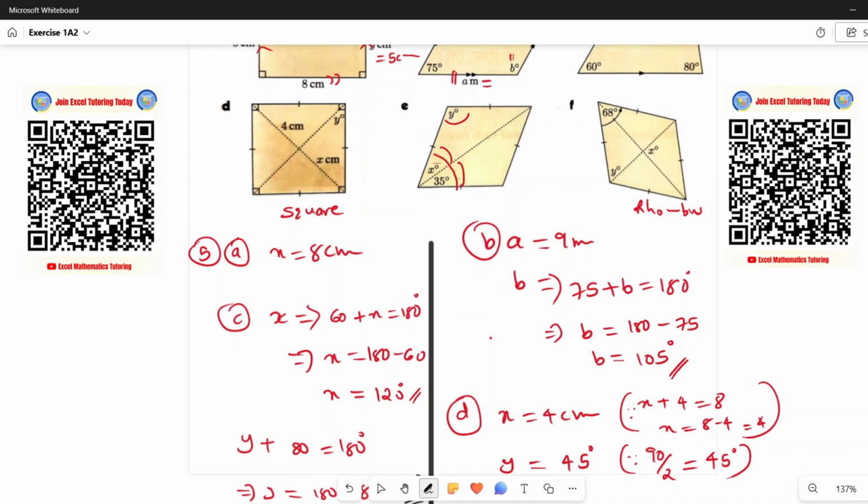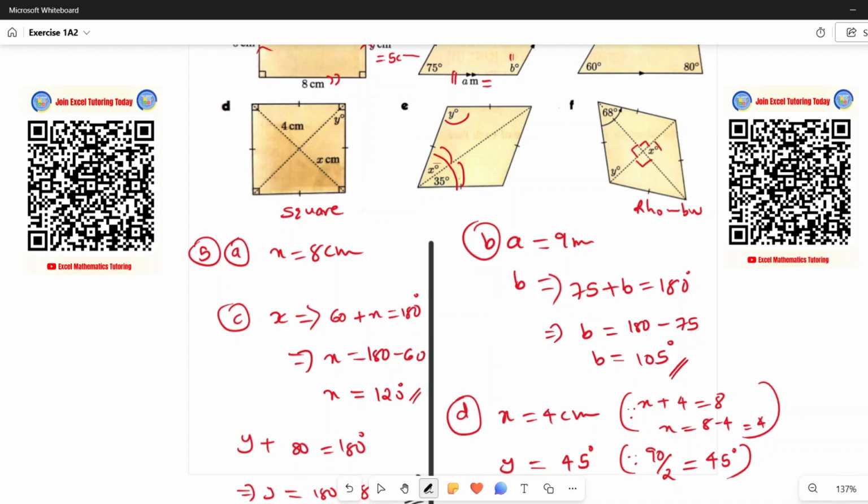So here we need to find the value of x and y degree. We know in a rhombus the diagonals bisect the angle at each vertex equally, and the diagonals of a rhombus bisect each other at right angles. So here they will form 90 degree each.